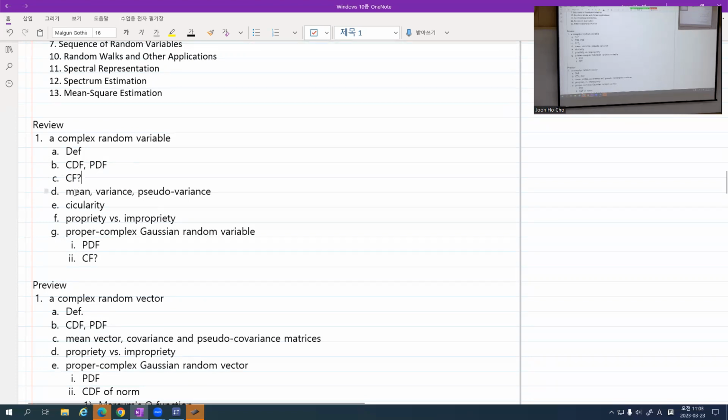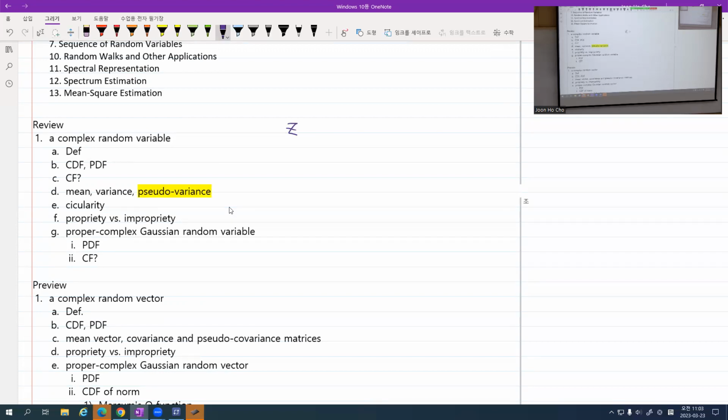We also define the mean value of a complex random variable and variance of a complex random variable. The interesting part was pseudovariance. What was the difference between variance and pseudovariance? Let's start denoting Z as the complex random variable we are concerned with, and let's say mu as the mean. And here goes the variance.